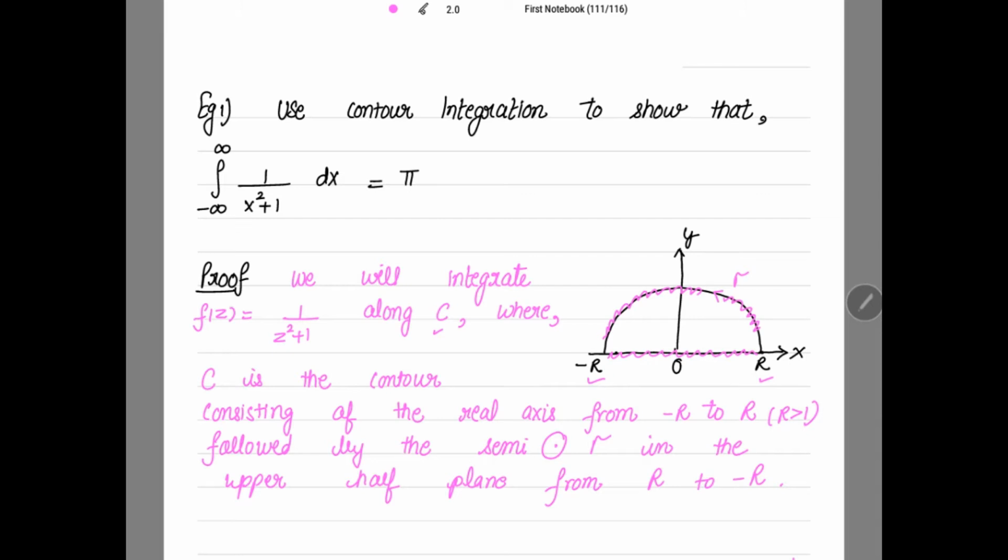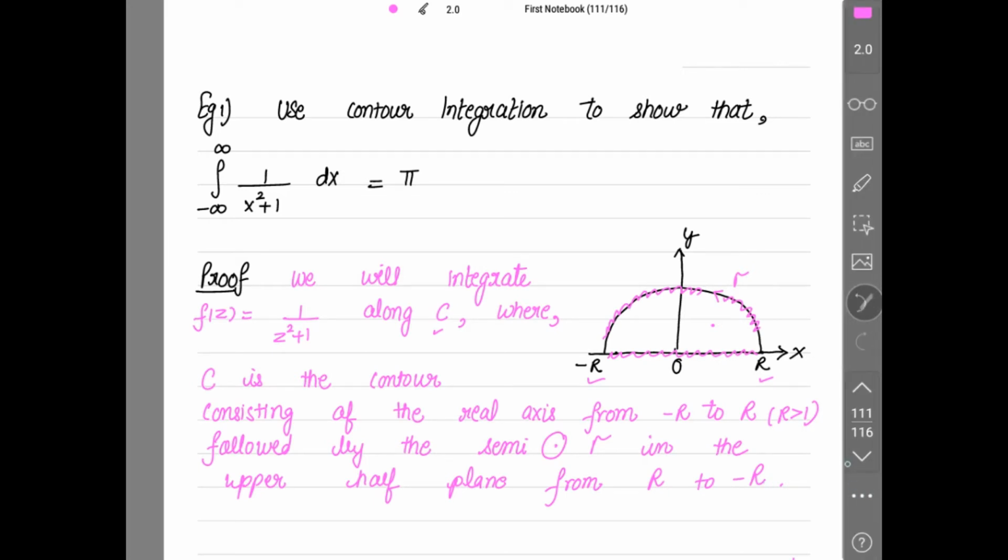Now why have I written here f(z) equal to 1 over z square plus 1? Because z is x plus iota y, where both the x and y coordinates are included. But we need to show this for the integration of 1 over x square plus 1, which is for the real axis. So to start, we have to choose this contour C, and for that we have to change the function as f(z) equal to 1 over z square plus 1. We have to integrate this function first.